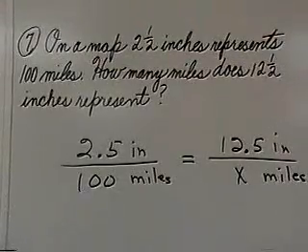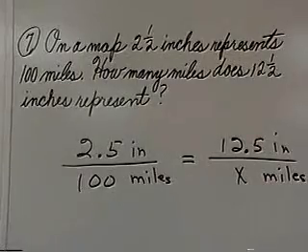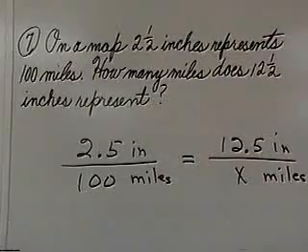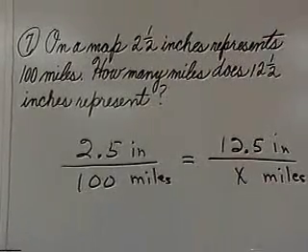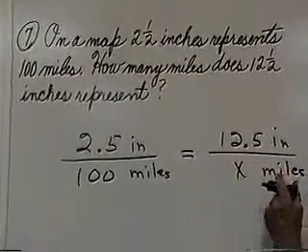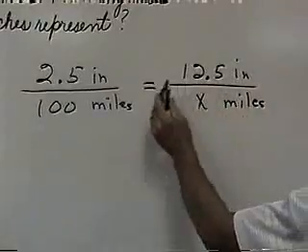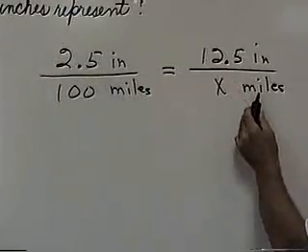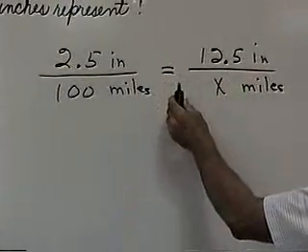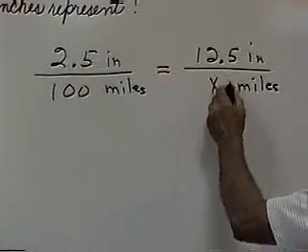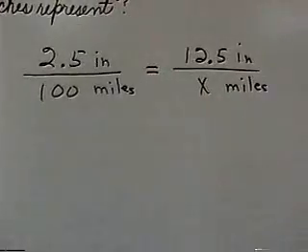See, the sentence says 2.5 inches represents 100 miles. That's a ratio. 2.5 inches over 100 miles. So we come over here, and if we have inches on top, then we have to put inches on top. Miles go on the bottom, miles go on the bottom. What are we looking for? It says how many miles. So the x goes in front of the word miles.